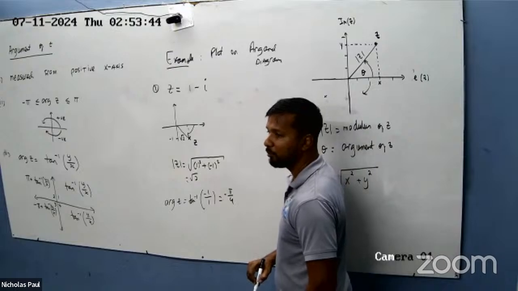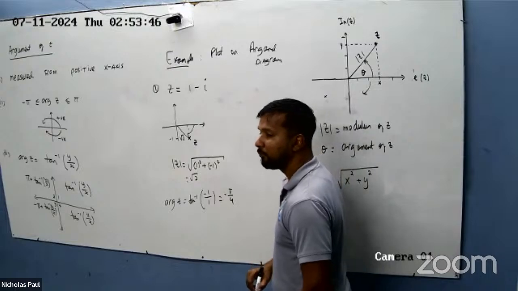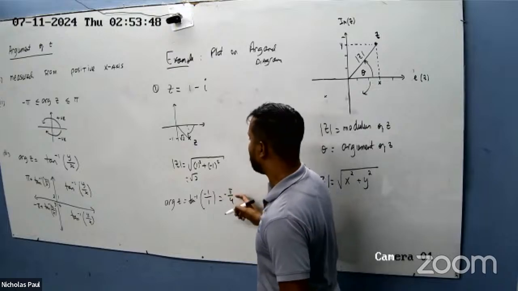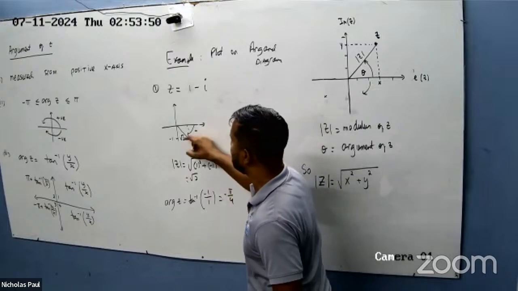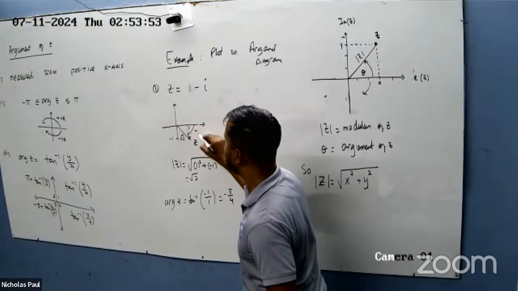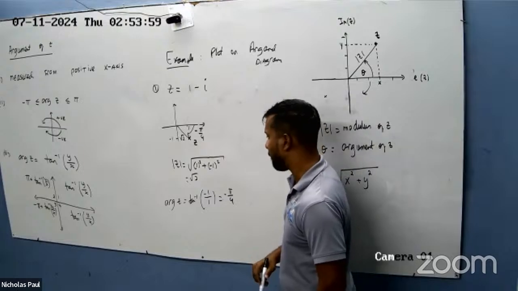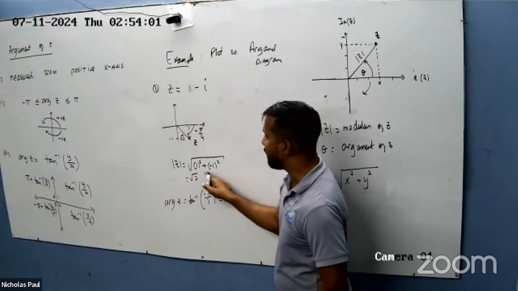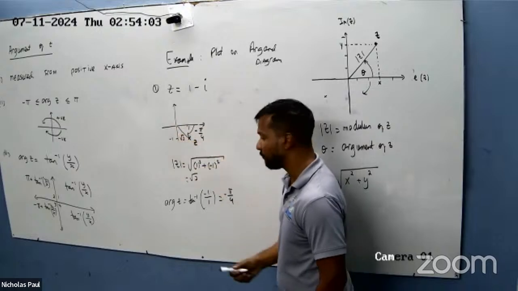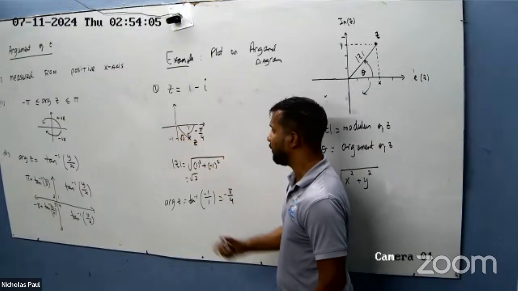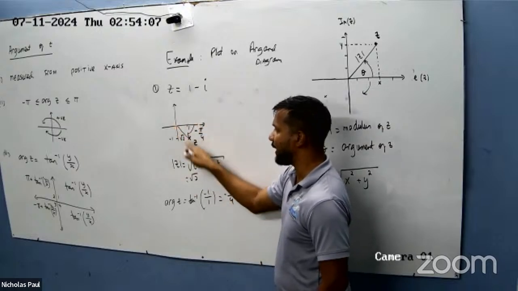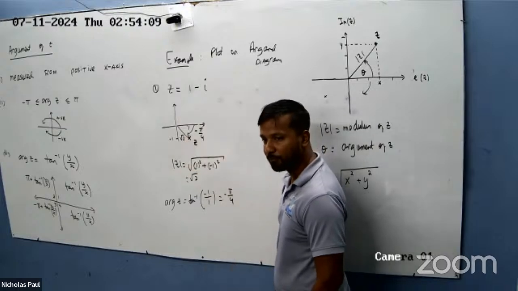Negative pi on 4. So your argument here is negative pi all over 4. That's the modulus, the length of the line. So the modulus is root 2 and the argument is minus pi on 4.